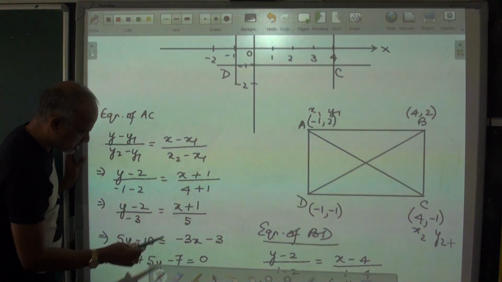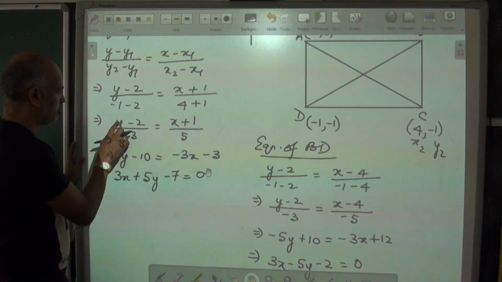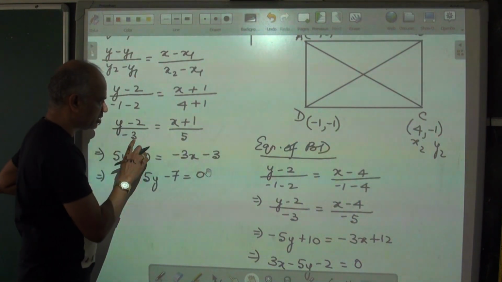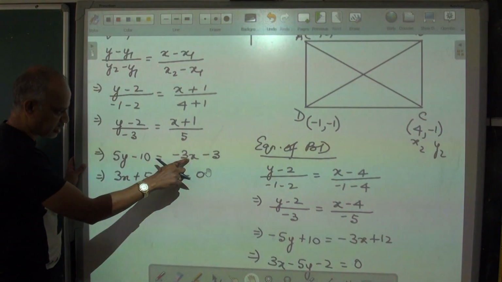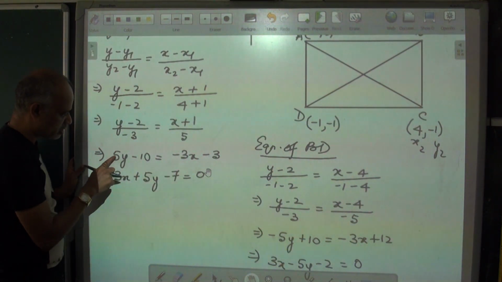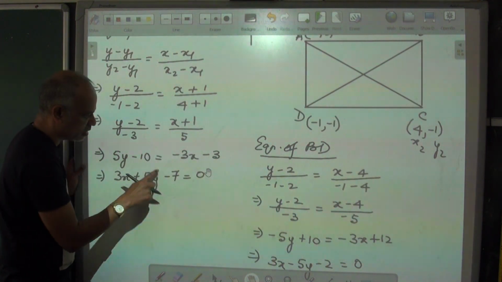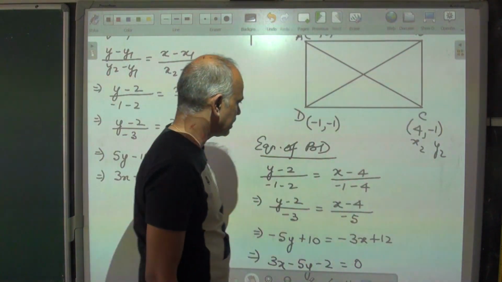Cross multiply now. 5y minus 10 is equal to minus 3x minus 3. Rearrange this, x comes first, so 3x plus 5y, and minus 10 plus 3 is minus 7 equals 0 is the equation of the first diagonal.